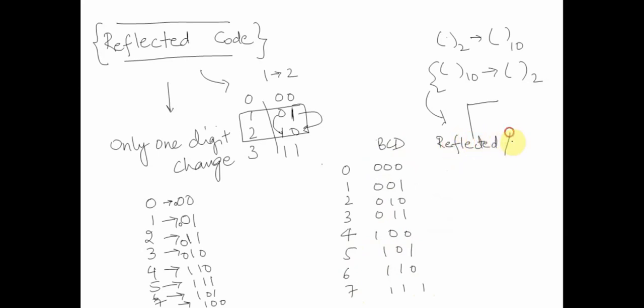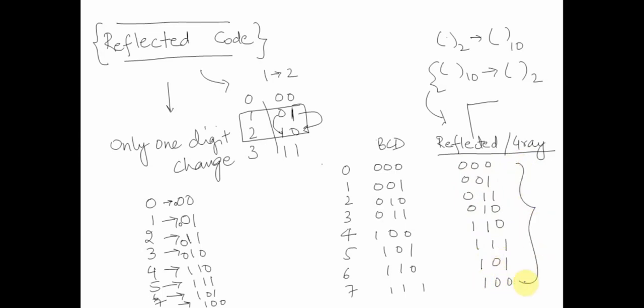One thing, reflected code is also called gray code. 000, we have to change only one bit, 001. Now one bit change, 011. Now one bit change, 010. Again one bit change, 110, 111, 101, 100. So this is the reflected code or the gray code.